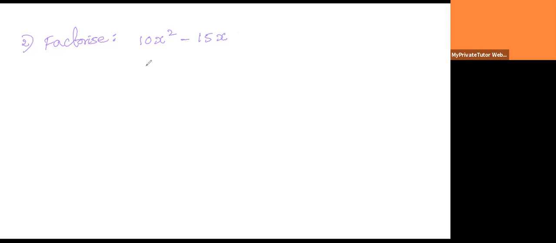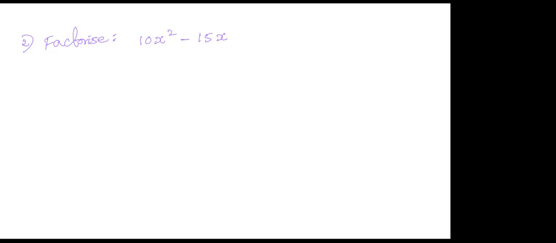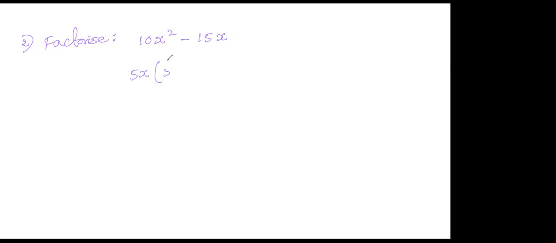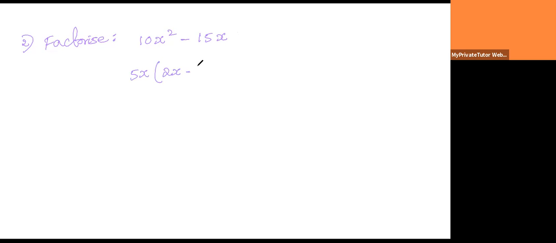So what is the common term here and how do you factorize, guys? 5x bracket. Come on. 5x. Yes. 5x minus 2x. 2x, good one.